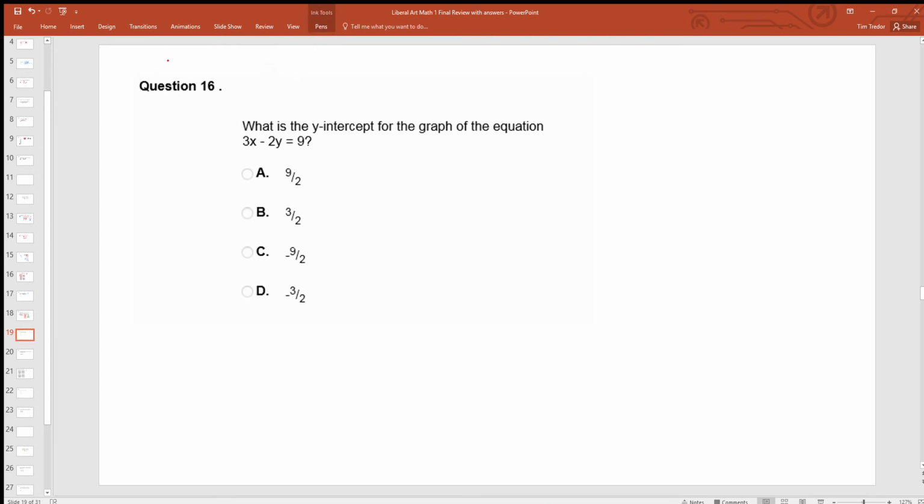And question 16 says, what is the y-intercept for the graph of the equation? Well, we've got a straight line here, 3x minus 2y equals 9. So I would want to get it into slope-intercept form, because then I can say b is my y-intercept.